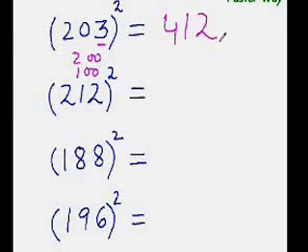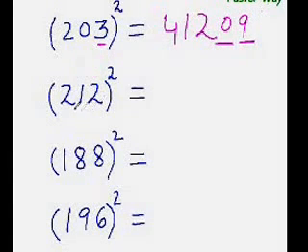Now since 100 has 2 zeros, so 2 more places to go. All you need to do is find the square of this distance. So 3 square is 9, so put 09 here. That's it. So now find the square of 212 using the same approach.